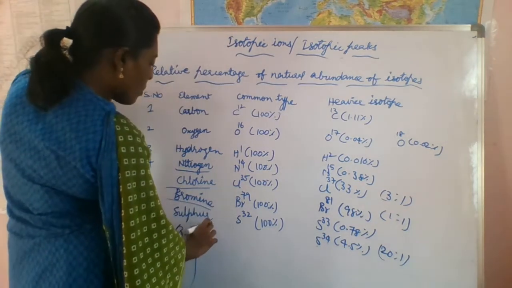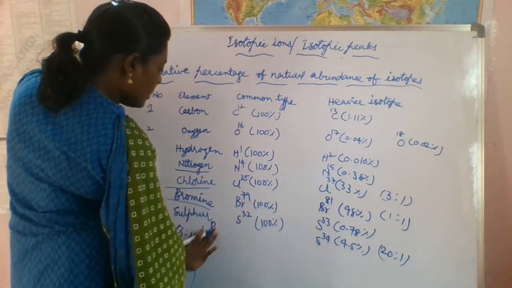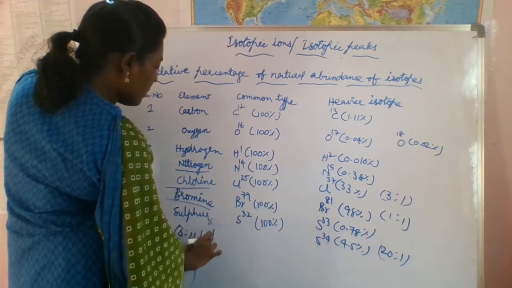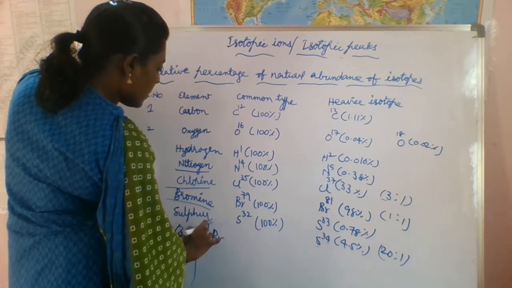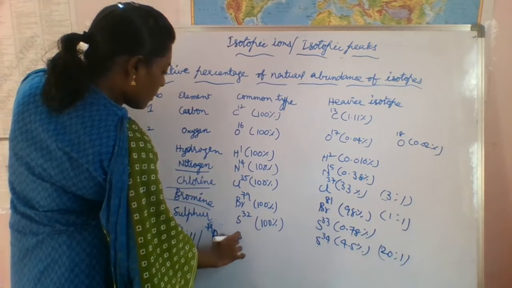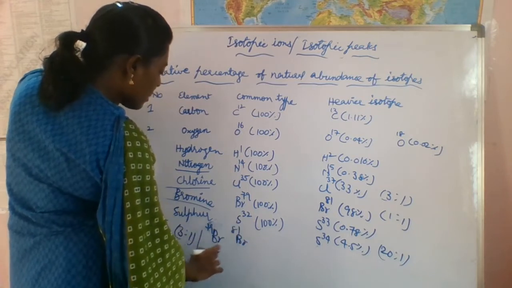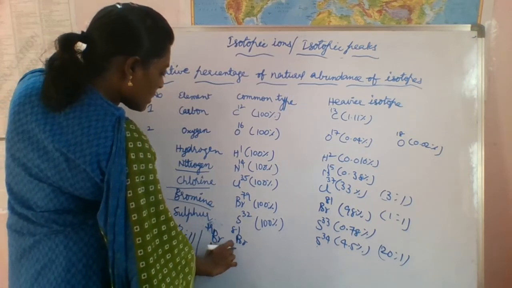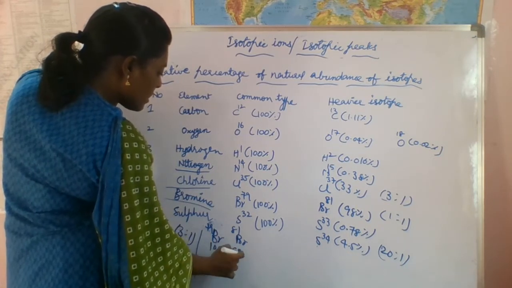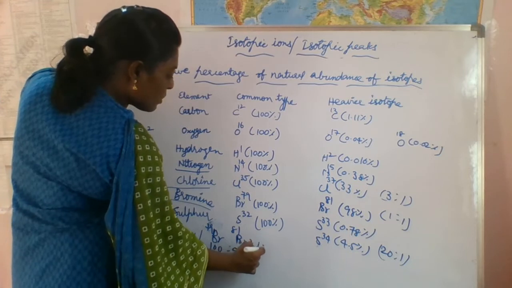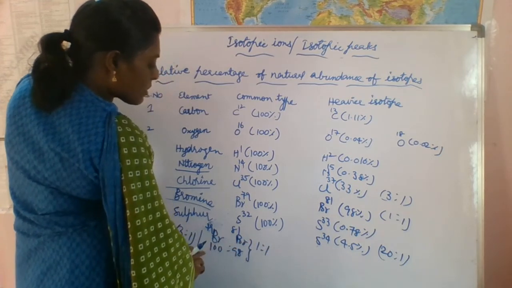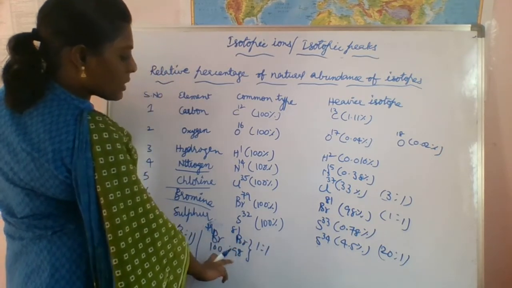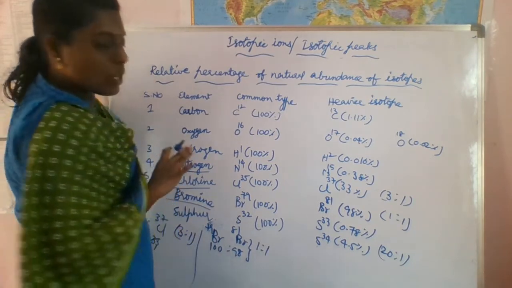And what about bromine? Bromine 79 is there and bromine 81 is there. This is 100% and this is 98%, meaning approximately a 1:1 ratio: the molecular ion and the M plus 2 peak are present with equal intensity.